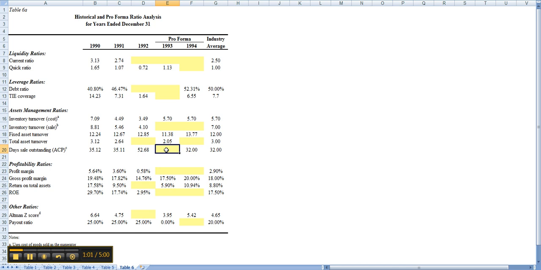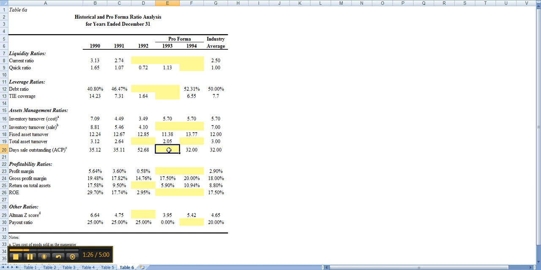So when you fill in the days sales outstanding answer and set that equal to accounts receivable divided by sales divided by 360, the number of days in a year using 360, you have everything. You have the sales number, you have the days sales outstanding number, so then just using a little bit of algebra you can find the accounts receivable number for 93 and 94.